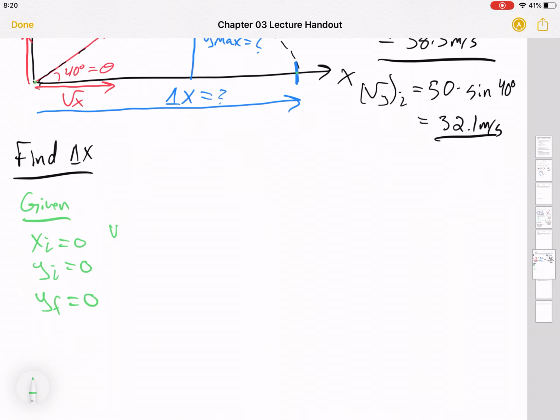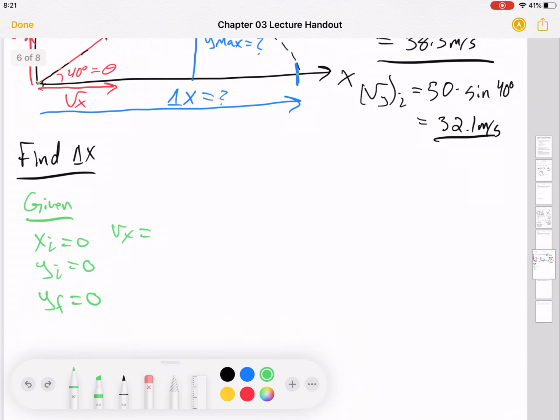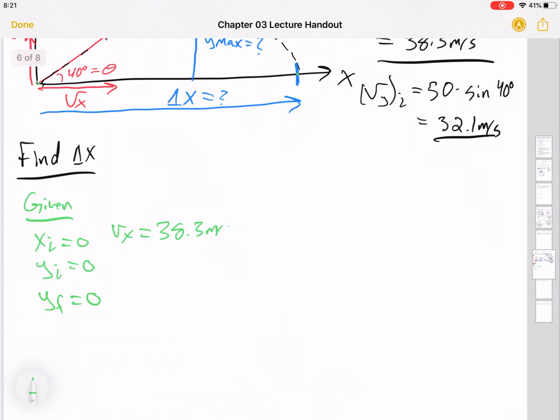I know Vx, it's 38.3. And I know Vy initial as 32.1 meters per second. Again, have to be very careful not to plug these into the wrong equations. What else do I know? I know g is 9.8 meters per second squared. And again, the negative sign I put in explicitly. So if I call g negative here, that's actually going to screw things up.